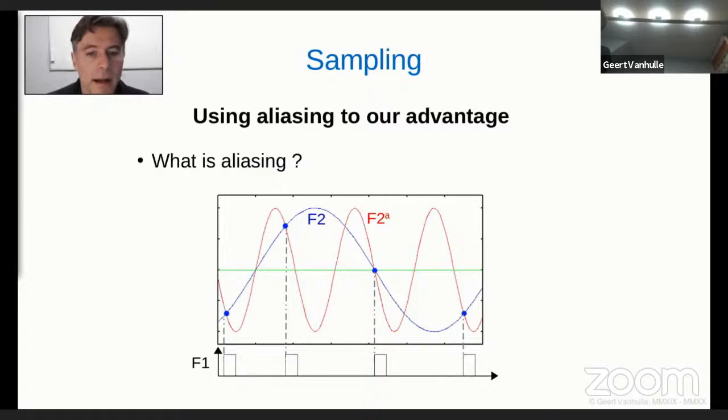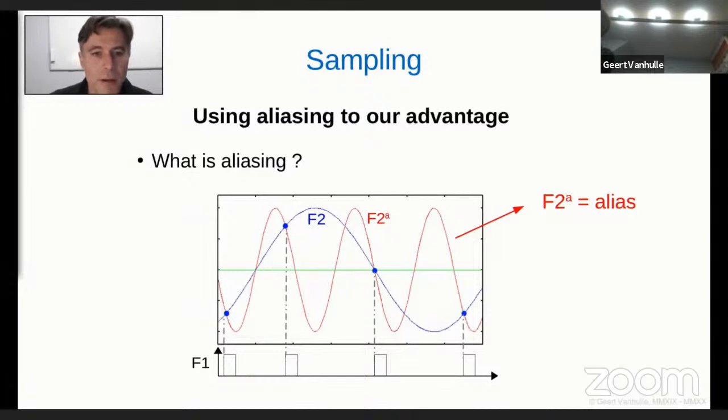So as a result, if we get the discrete sample values, we cannot distinguish whether the signal that we sampled is f2 or f2 alpha. So this high frequency could just as well be what we have sampled. And that is what we call an alias. f2 alpha is an alias frequency.